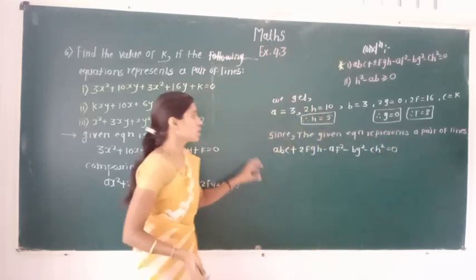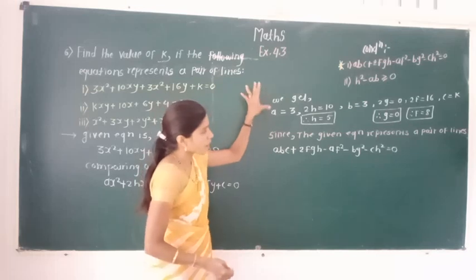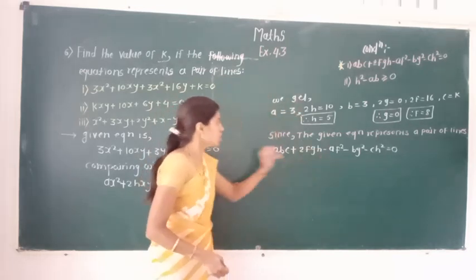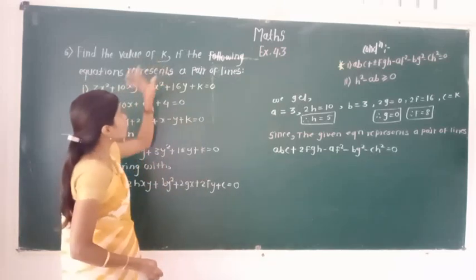And we have to find the value of ABC and FGH. All those values we put in this condition and we get the value of k.